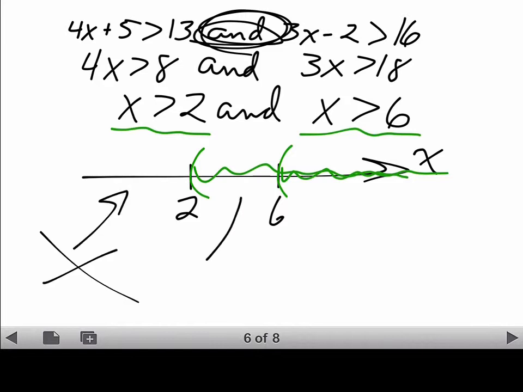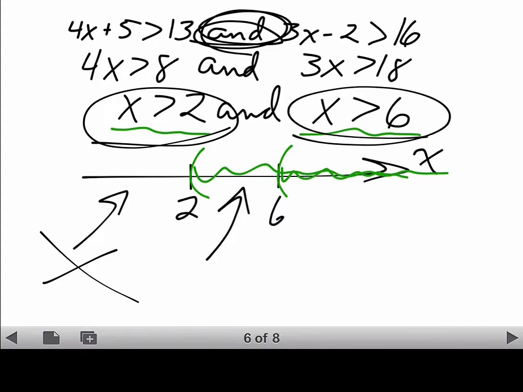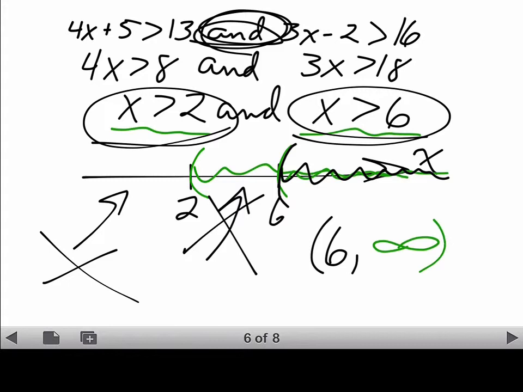In between 2 and 6, I have one piece of shading for the part that was greater than 2. But remember, AND means we have to satisfy both conditions at the same time. So the portion between 2 and 6 doesn't work, and only the portion from 6 to infinity satisfies the AND inequality. So the interval notation is going to be 6 to infinity with parentheses all around.